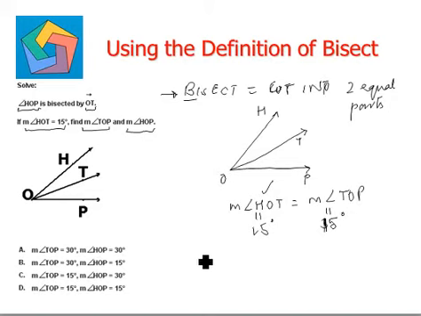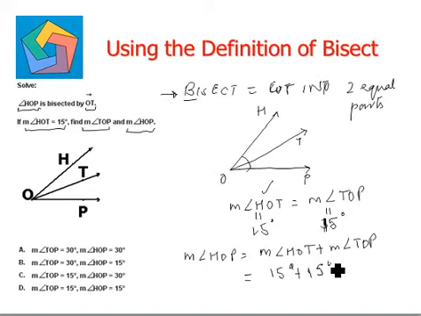Now measure of angle HOP, that is the full angle, equals measure of angle HOT plus measure of angle TOP. Measure of angle HOT is 15 degrees plus measure of angle TOP is also 15 degrees.